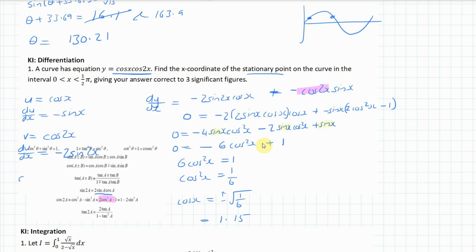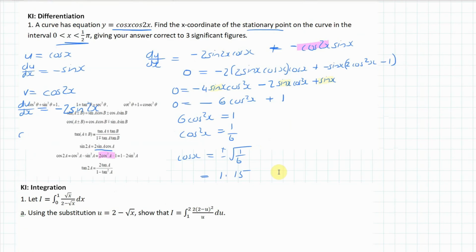Yeah, we can ignore the negative one because it's outside the range. It ends up being 1.99, which is greater than pi over 2. Okay, so that's where the x-coordinate of the stationary point is at 1.15.